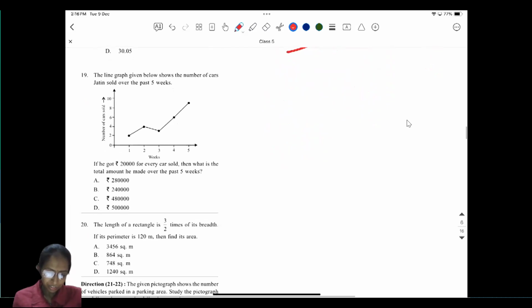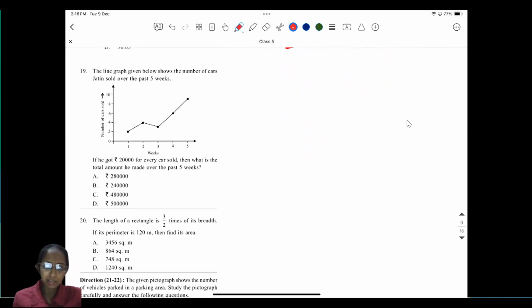The line graph given below shows the number of cars Jatin sold over past 5 weeks. If he got 20,000 rupees for every car, then what is the total amount he made over the past 5 weeks? So in the first week, he sold 2, then 4, then 3.